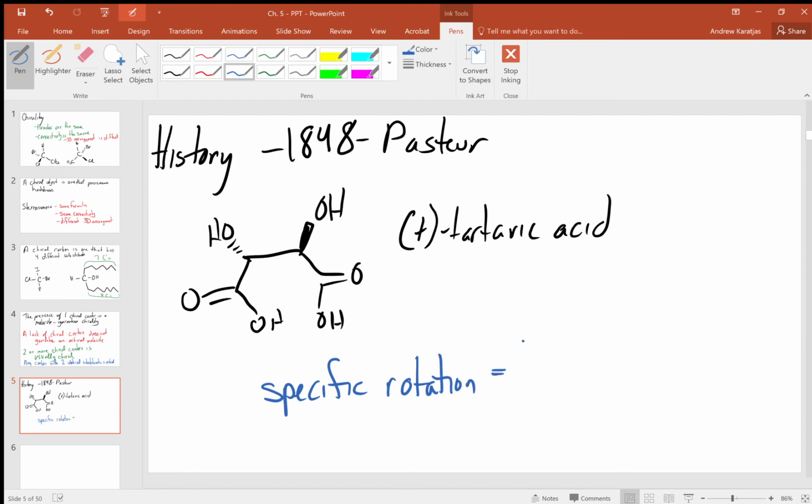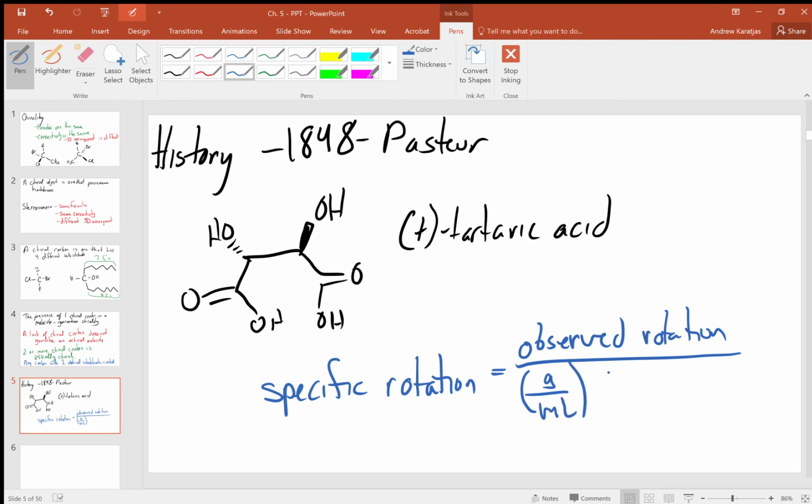Specific rotation is equal to the observed rotation, so whatever we get from the polarimeter, divided by the concentration of the sample and the length of the cell, but given in decimeters. But this then becomes something that you can measure for any chiral molecule. And this was what Pasteur did.